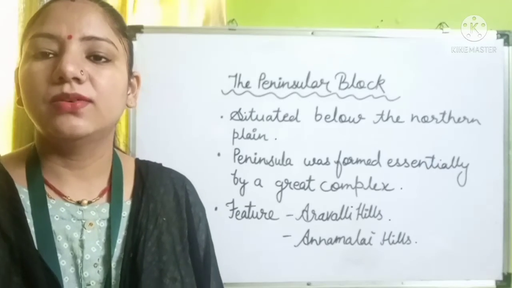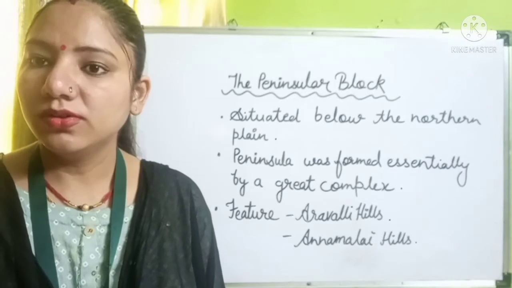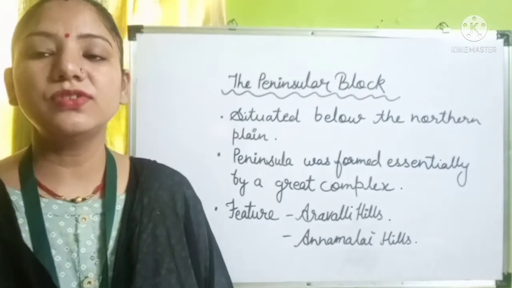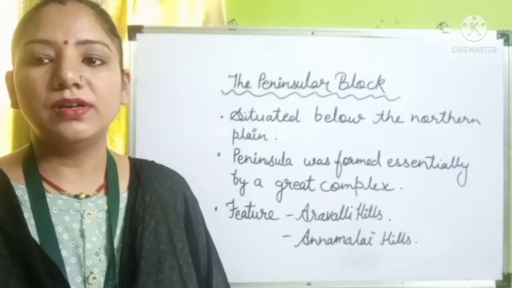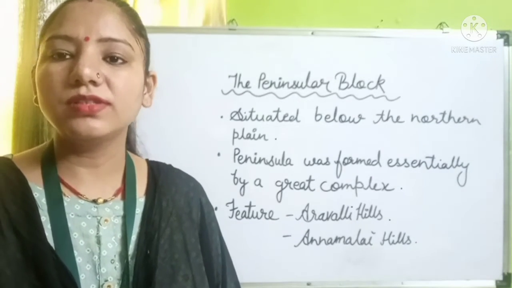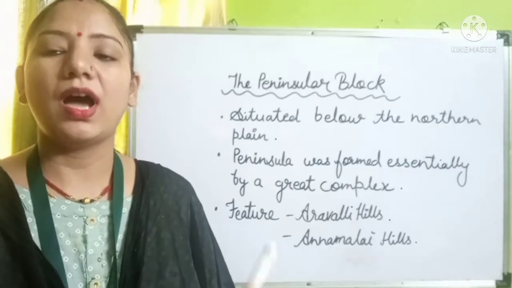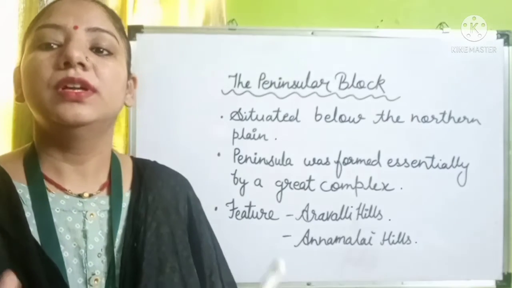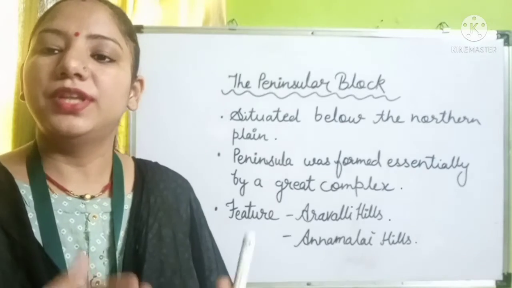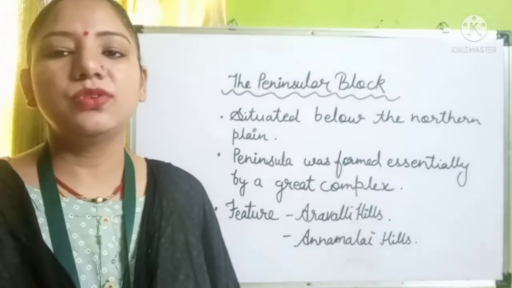Now let's see what is the first division of our Indian subcontinent. As I told you, we are going to start the physiography of our country from the ancient development of the physical structure. So first of all the Peninsular Block was formed. After the formation of India around 10 million years ago, there was a part which was divided from the Gondwana land and merged with the Eurasian plate.